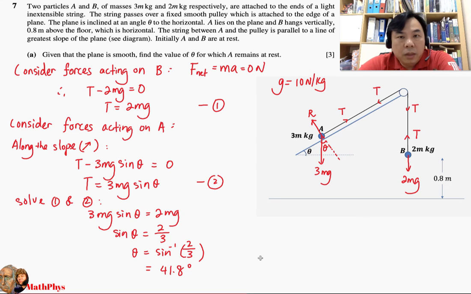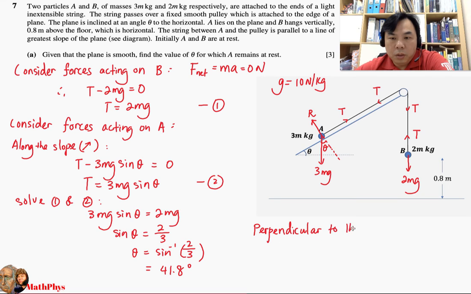Now, not only do we stop here, some of you are wondering, can I resolve the forces perpendicular to the slope? Yeah, of course. If you resolve the forces perpendicular to the slope, that will be 90 degrees to the slope in this direction. Now, you will notice that there are only two components involved.